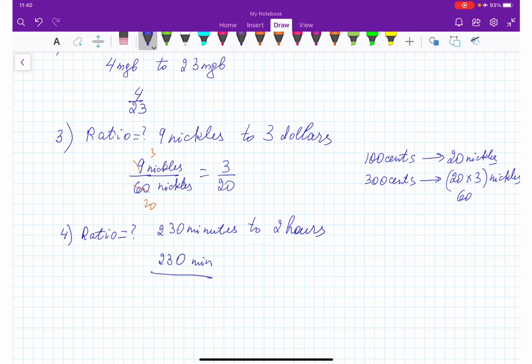So we need to convert 2 hours into minutes. 1 hour is 60 minutes, yes? 2 hours, twice more, 120 minutes, right? Now, both of them have the same measurement. I can simplify. And simplifying, I can divide by 10, which means one 0 from here is gone, one 0 gone from here. And the ratio of 230 minutes to 2 hours is going to be 23 over 12.